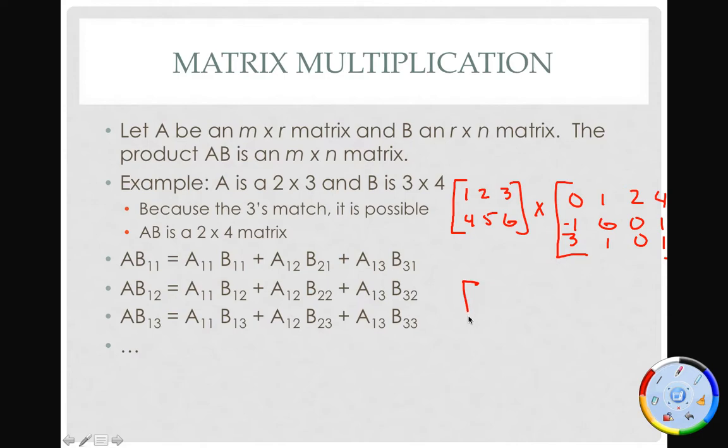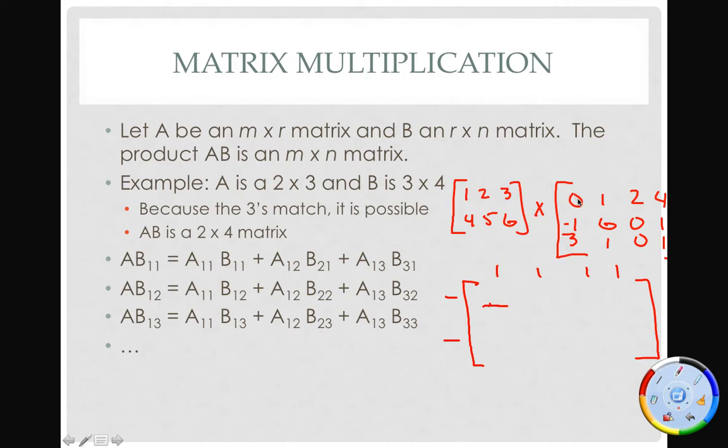My result matrix is going to be a 2 by 4 matrix. So I'm going to have 2 rows and 4 columns. And what this represents over here on the left, the multiplication matrix, the AB, the first entry, row 1, column 1, is basically row 1 times column 1.